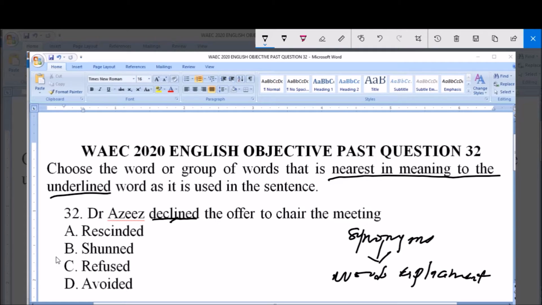Option A says resident, option B says shunned, option C says refused, option D says avoided.